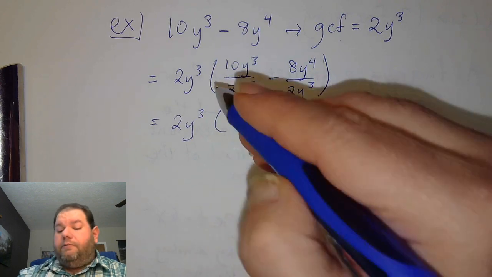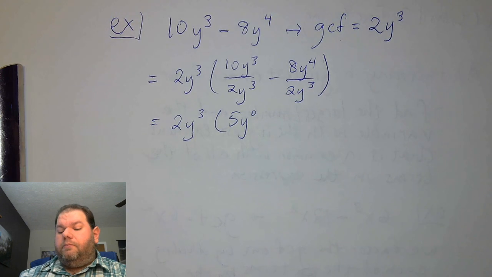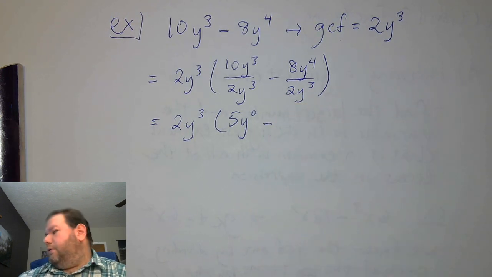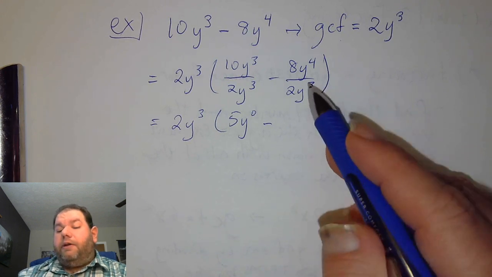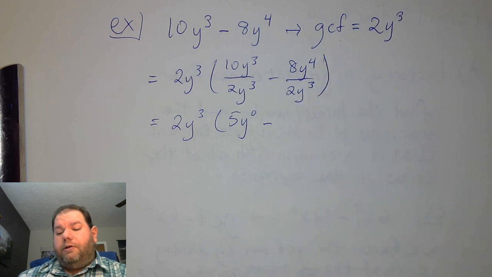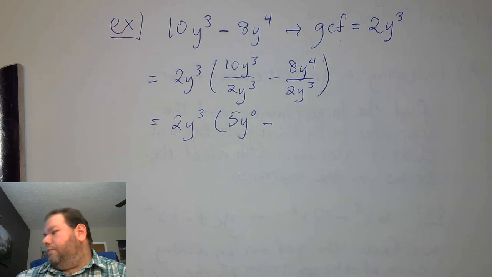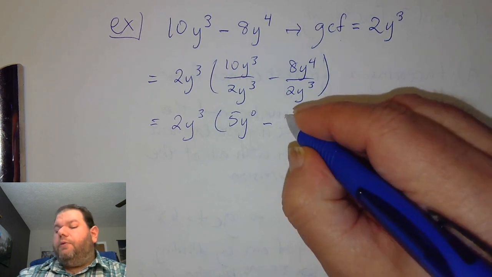Five y to the 0. Good. And then how about the other one? 8y to the fourth divided by 2y to the third. Four y to the 1.